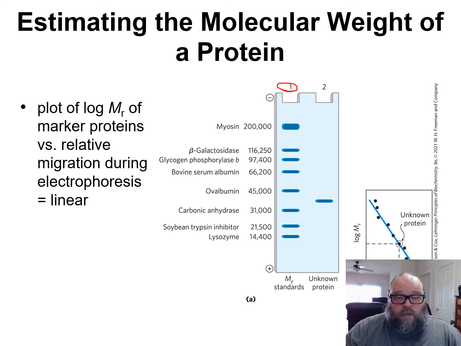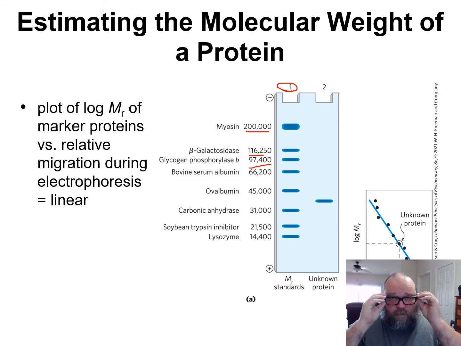We know the overall molecular weight of these. So we can run this out, and here it kind of forms a quasi-ladder. Yes, those ladders you climb on. That's where they got the name for it. So we know up here at the top, this first one is going to be myosin, 200,000. Down here, this one is going to be ovalbumin, 45. Down here, the smallest one that's going to move the furthest, lysozyme at 14.4 thousand.